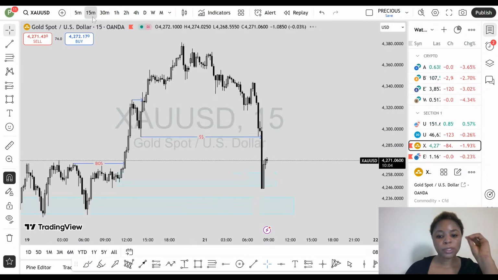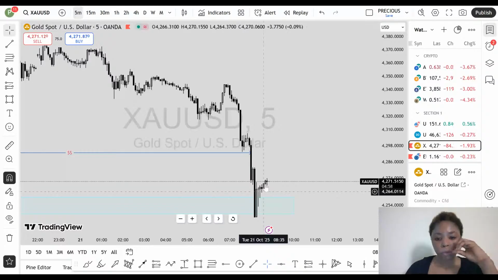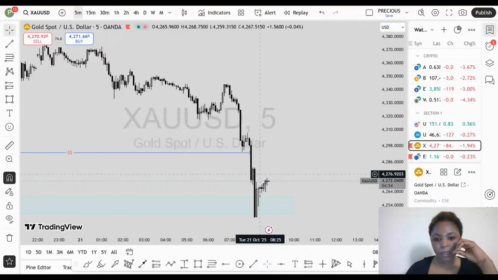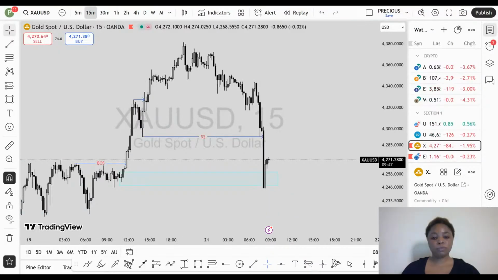So now I want you guys to observe this region. So when we have a break of structure, the market creates a structure, and the market always retraces back to mitigate and start moving upward in a bullish market. In a bearish market, the reverse is the case.